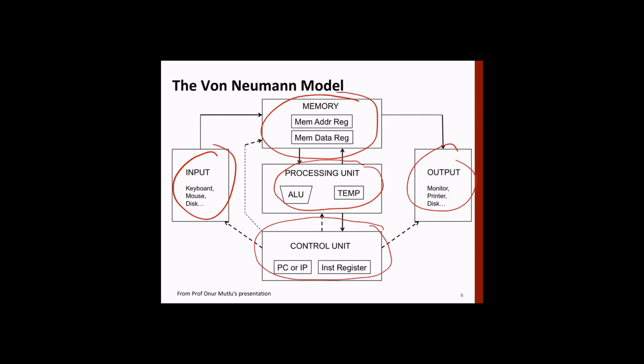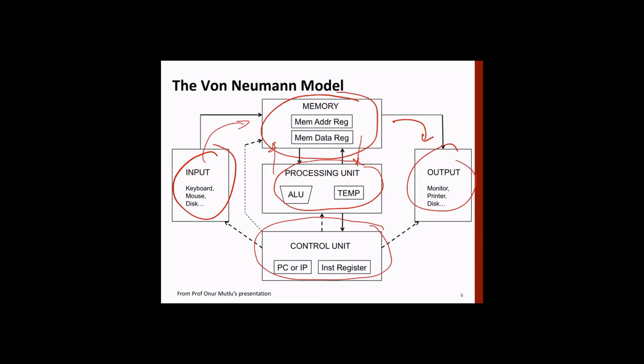Data movement happens largely between the processor, memory and input output devices, and the control unit controls execution of the program and of each and every instruction. It generates control signals which are shown as dashed lines, right?